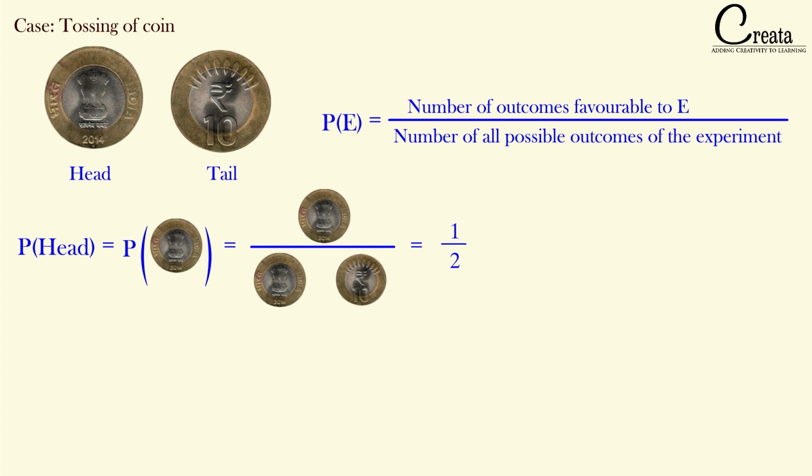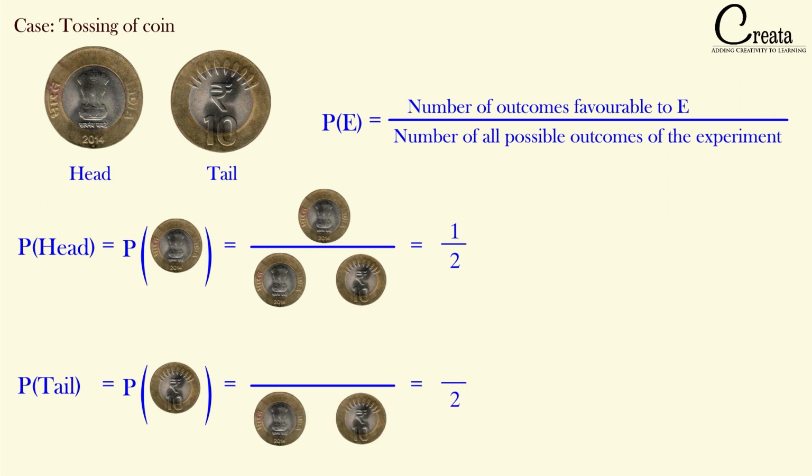So 1 in the numerator and 2 in the denominator. So we got the probability of getting the head as 1 by 2. Similarly, the probability of getting the tail: the denominator remains the same and we get tail in the numerator, that is 1 by 2.